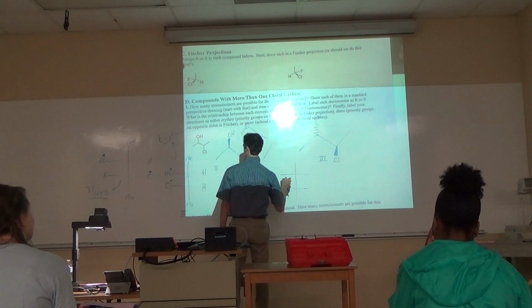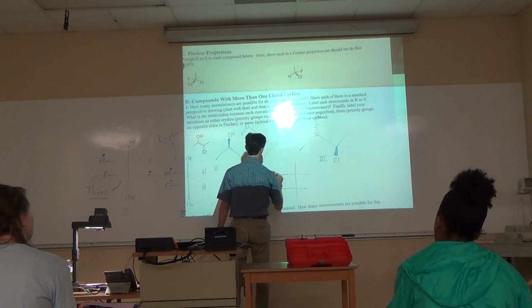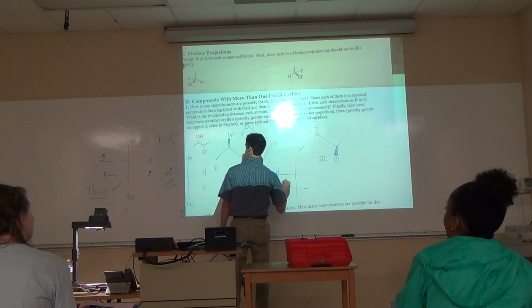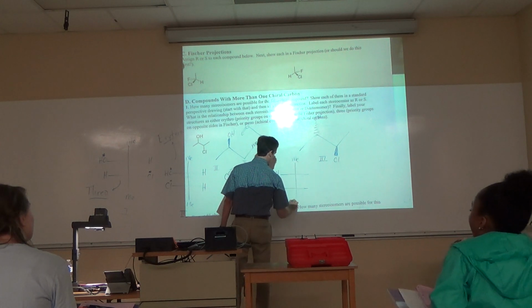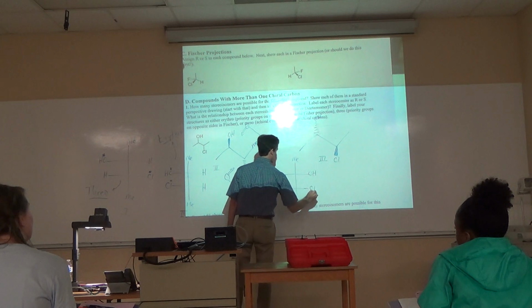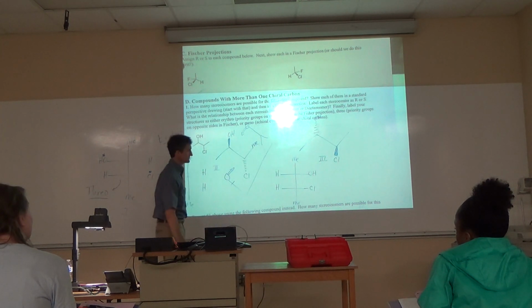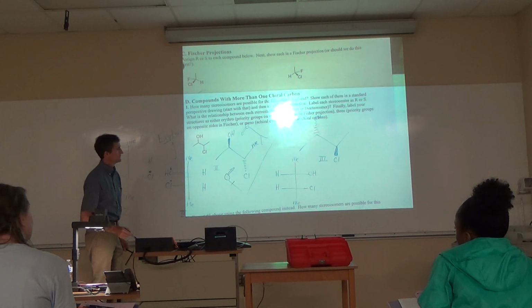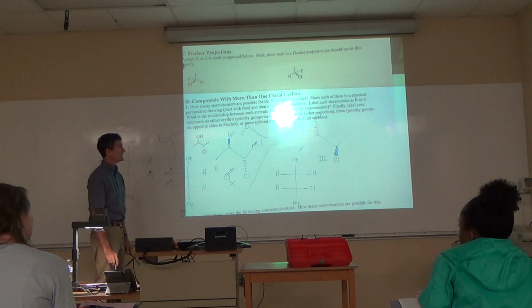We can cheat. Draw the enantiomer here of that. Wouldn't it be H here, H here, methyl there, OH here, chlorine here? Do those Fischers look like they're mirroring? Yeah, that's the enantiomer.